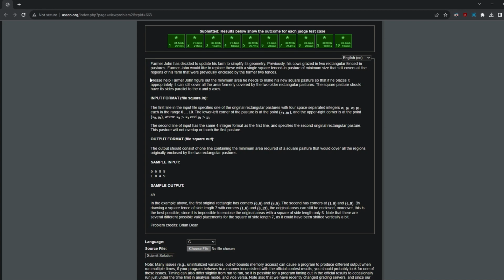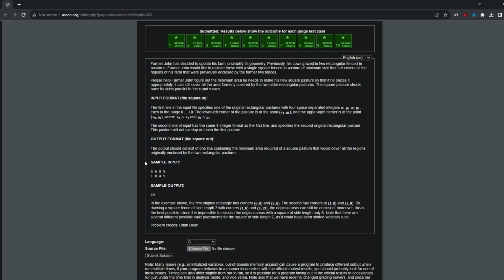If he places it appropriately, he can still cover all area formed by the two older rectangular pastures. And that square pasture should have its sides parallel to the x and y axes. So it shouldn't be tilting in any way, and that makes it easier for us in general.